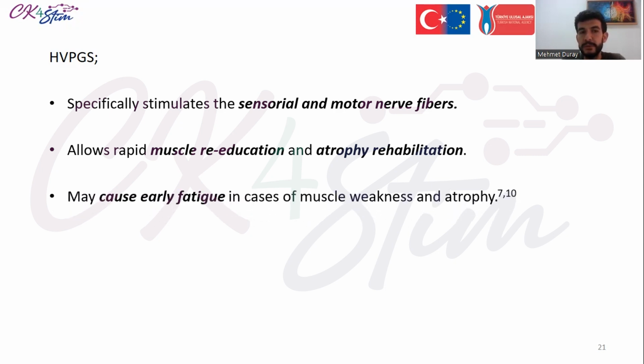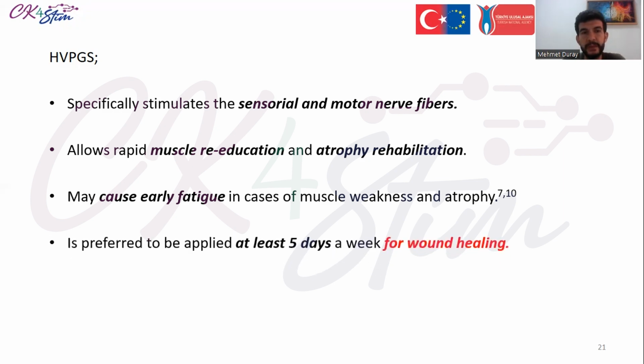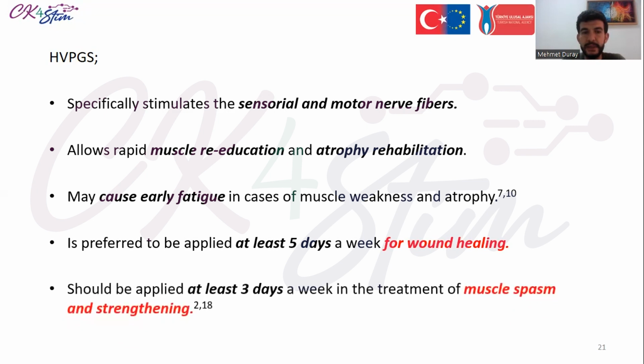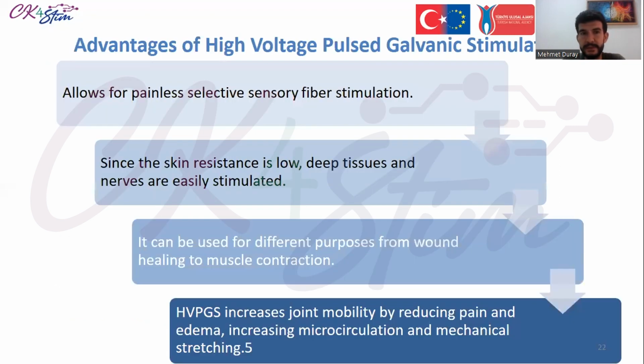It may cause early fatigue in case of muscle weakness and atrophy. The current is preferred to be applied at least 5 days a week for wound healing, and at least 3 days a week in the treatment of muscle spasm and strength.